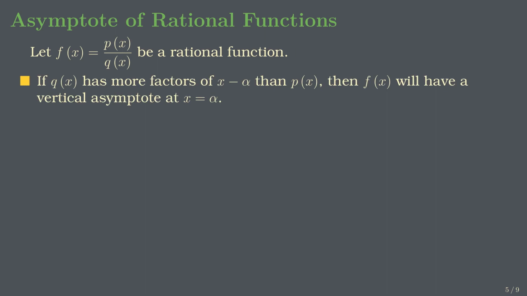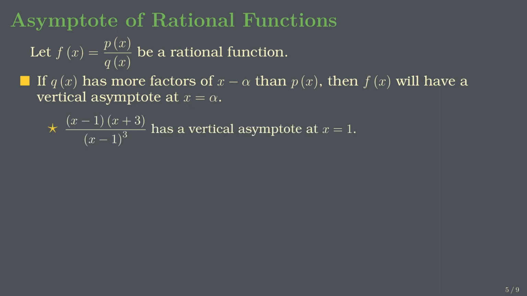The following is a list of conditions for a rational function to have an asymptote. First, if in the denominator of the rational function we have factors of the form x minus alpha, and the denominator contains more factors of this kind than the numerator, then f(x) will have a vertical asymptote at x equal alpha.